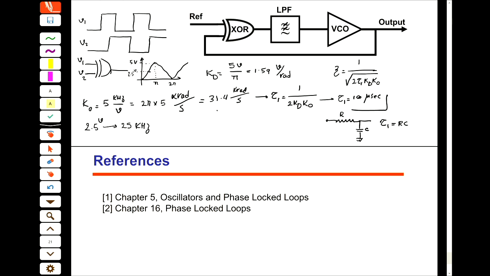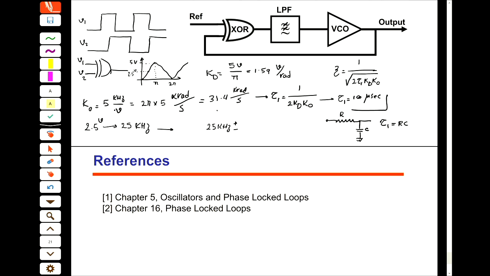So then it can move 2.5 volt down, 2.5 volt up, and still we can lock it with this XOR system and low pass filter. So the range that we can do the locking is 25 kilohertz plus minus. All right, and then the KO itself is 5 kilohertz per volt.